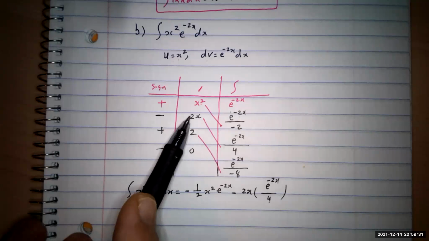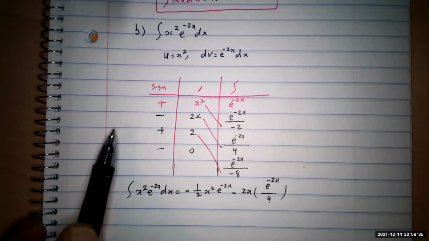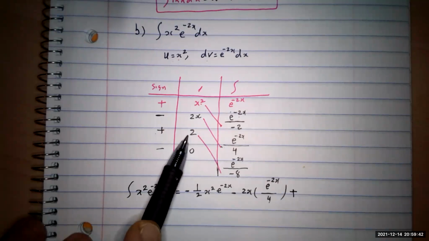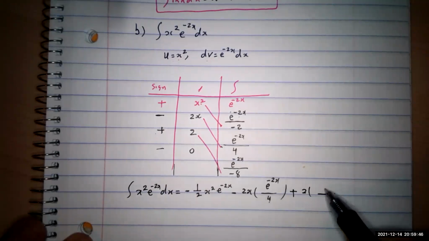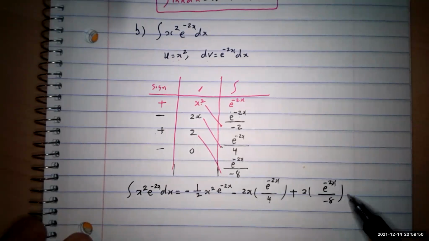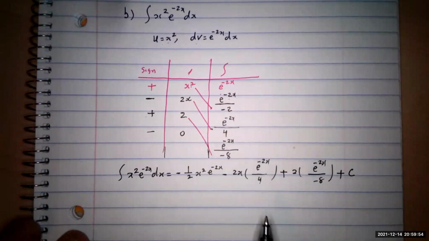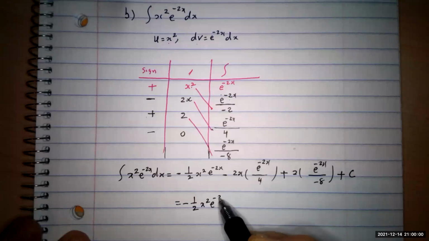So that gives you this part here. Then it's going to be plus 2 times e to the negative 2x over negative 8. And of course, plus the constant c. You have to simplify it. So that gives negative half x squared e to the negative 2x.